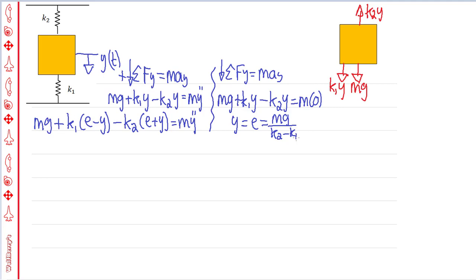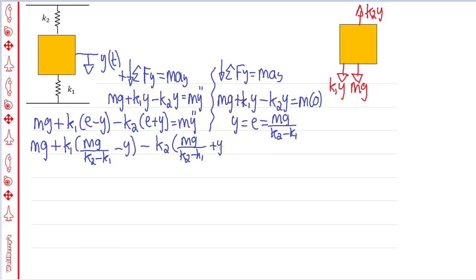Now that we have our extension, we can substitute it into the equation on the left. So let's go ahead and do that. So we're going to have mg plus k1, now we know the extension, we just found it, mg all divided by k2 minus k1, minus y, minus, same thing on the left side, k2 open bracket mg divided by k2 minus k1 plus y on this side is equal to m y double dot.